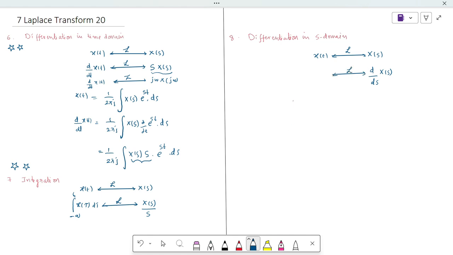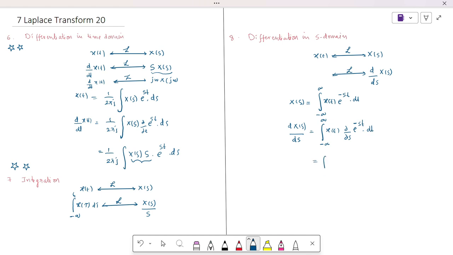X of s equals the integral from minus infinity to plus infinity of x of t into e power minus st dt. So we are doing differentiation with respect to s. So dX of s by ds, in the inner part of the integration, becomes the partial differentiation dou by dou s of e power minus st dt.